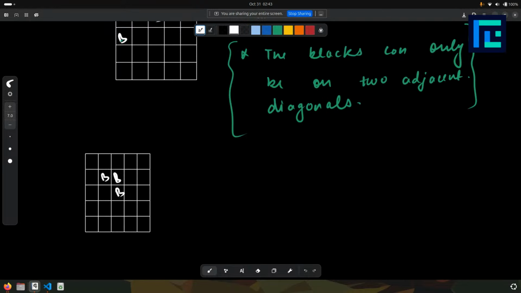But the problem here is, now if I place any more block on these diagonals, we cannot connect any other block on these diagonals. Basically I cannot connect this block, I cannot connect this block, or I cannot connect this block, or I cannot connect this block.